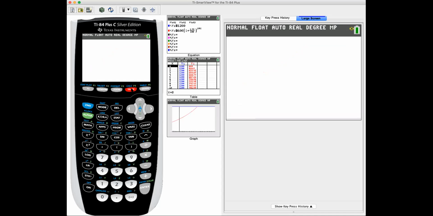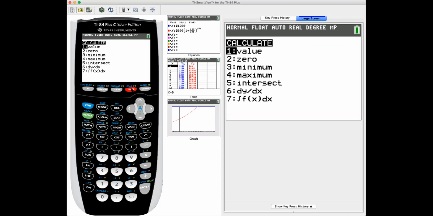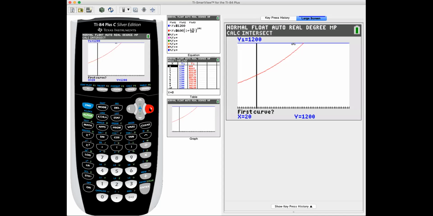Okay, second trace, calculate, and I want to go down to option 5, and then move my cursor close to that intersection point, and then click enter how many times? 3. And then that's how we got the 25.6 number.